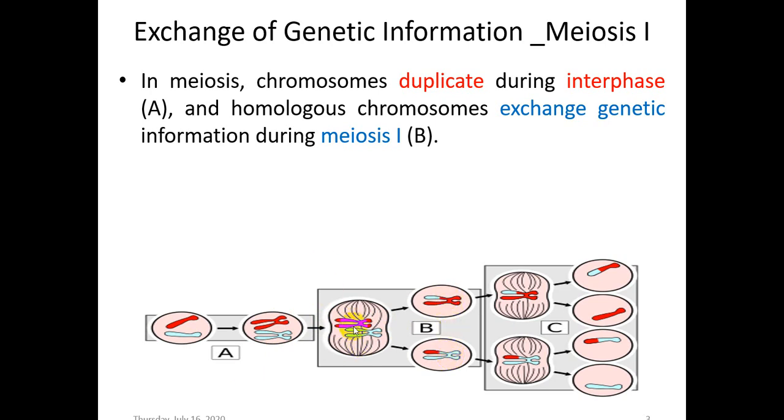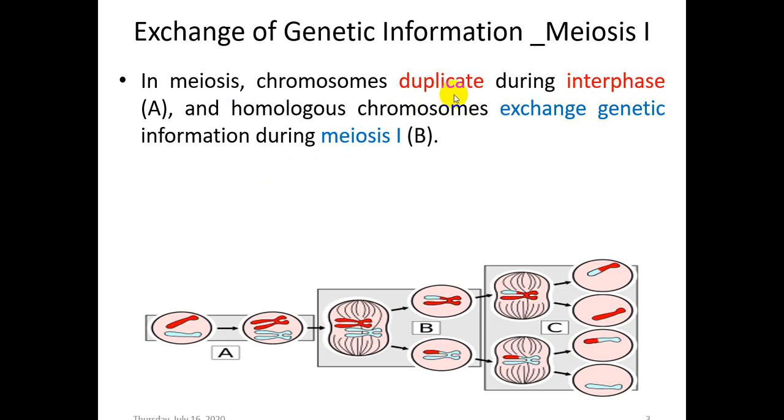Okay, you see part of the red coming to the gray, part of the gray coming to the red. You see, this is the recombination. So the genes recombine, transferring from one chromosome to another through movement of a segment of chromosome.